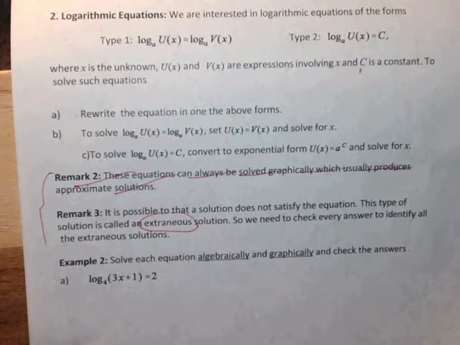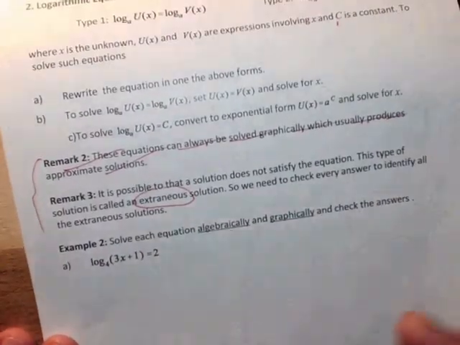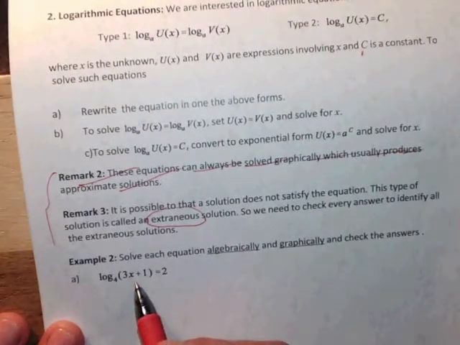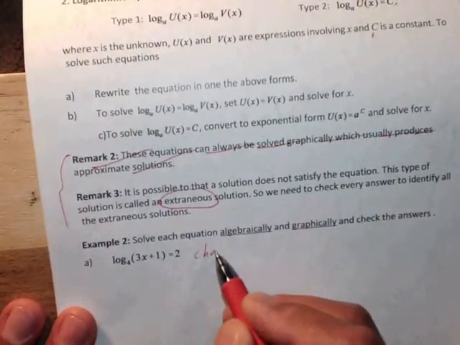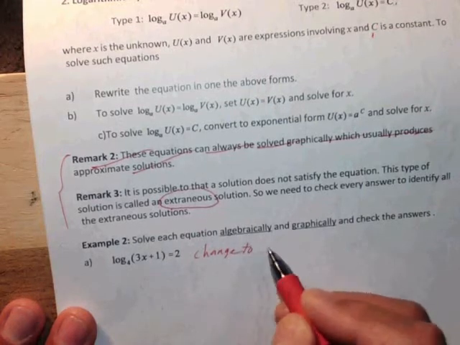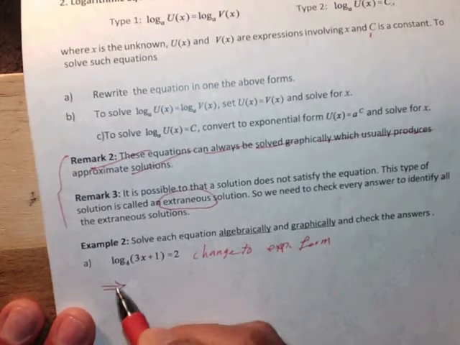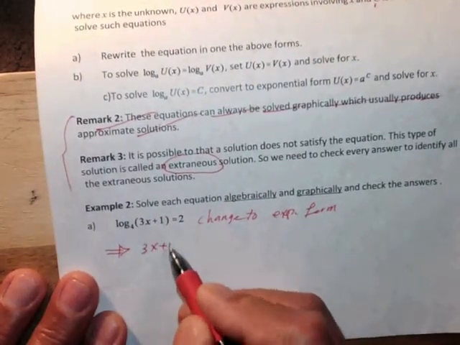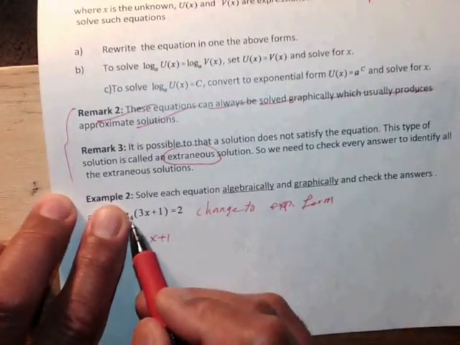Okay, extraneous. We may run into an example of this sort in just a second. So look at this example. We want to solve for x, and this is type 2, so change to exponential form. That means 3x plus 1 equals... just get rid of this log and put this 4 to the right side.